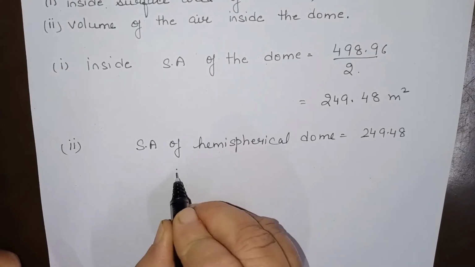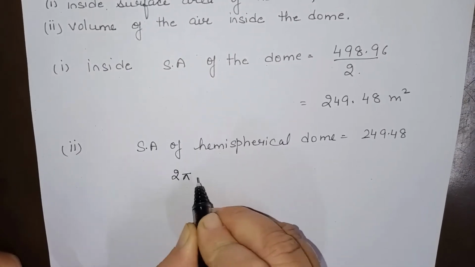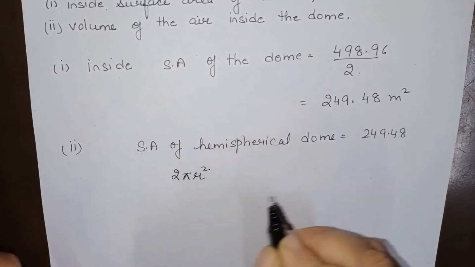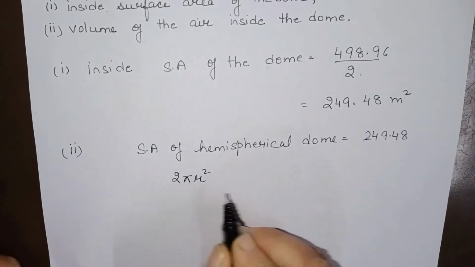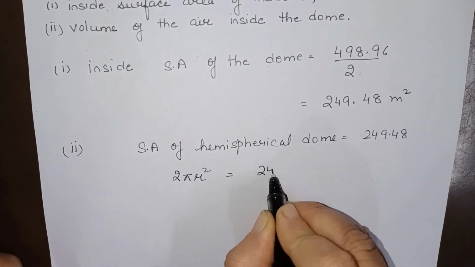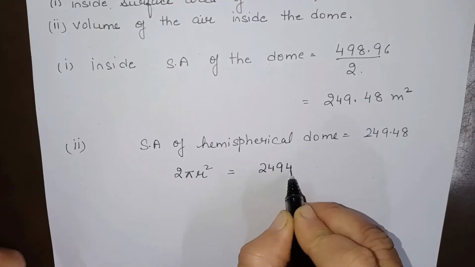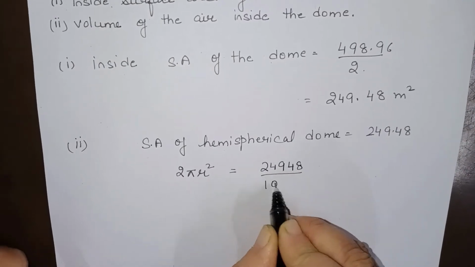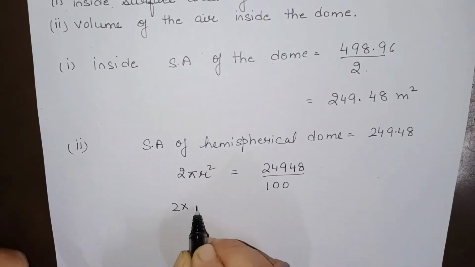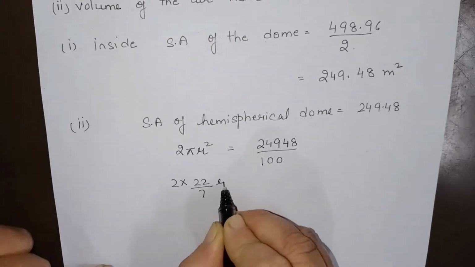Now the surface area of a hemisphere is given by 2 pi r square. It is the inside surface area, so we will take the curved surface area here, which can be written as 2 pi r square equals 249.48 by 100.